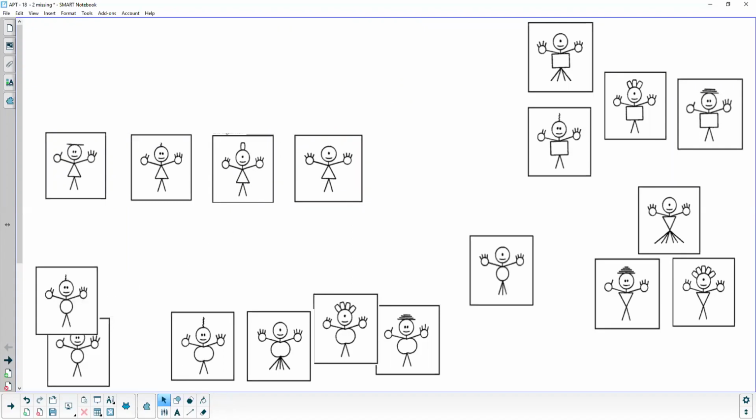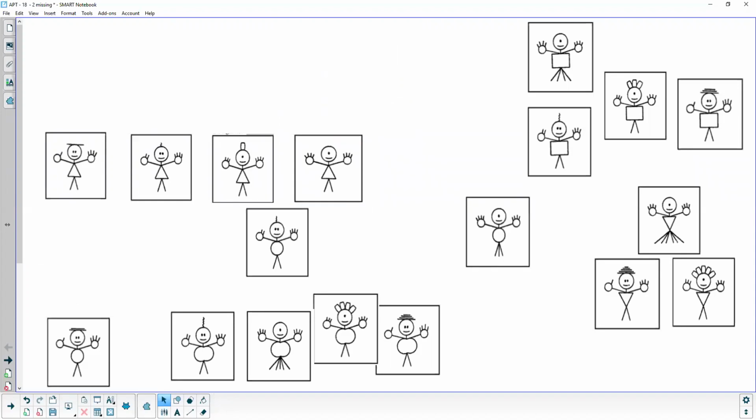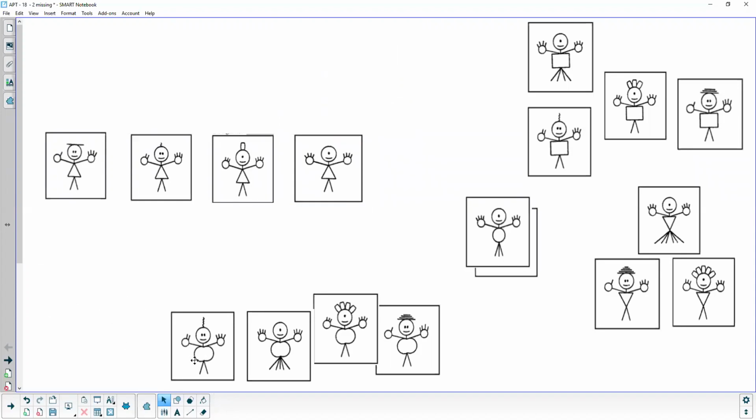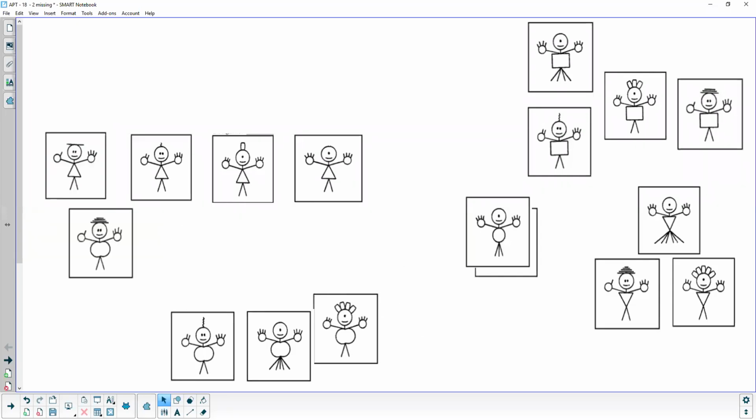Well, let's use these guys, the guys that have the oval bodies. Where would you like this guy to go in relation to these? Do you want it to go on top, on bottom, and under which column?